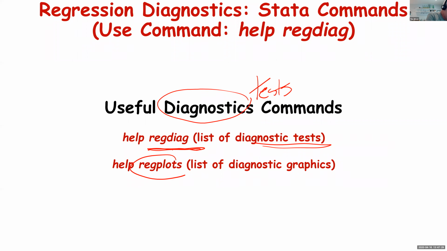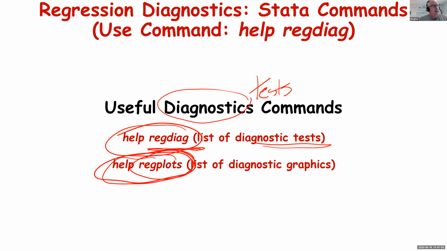If you want to see the visuals or graphics for it, all you need to use is help reg plots. So those things are available to you as information and support inside of Stata.